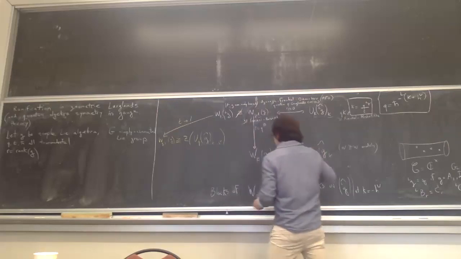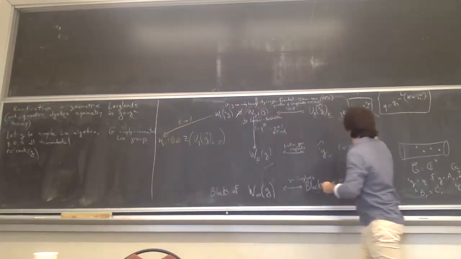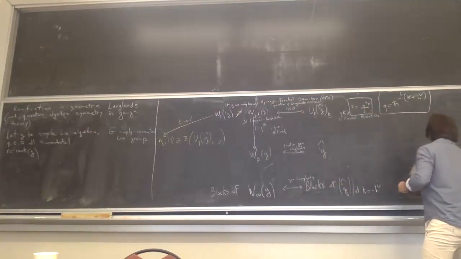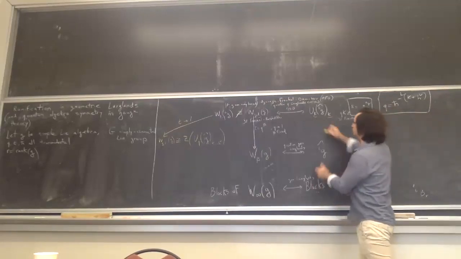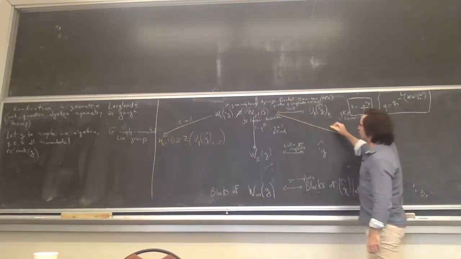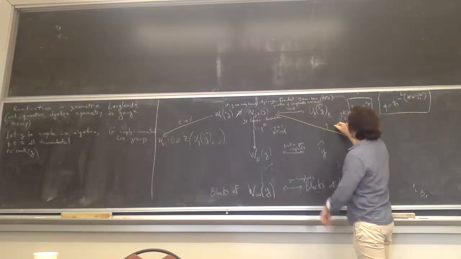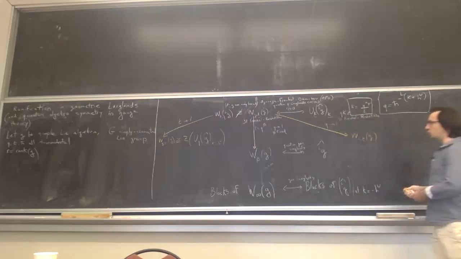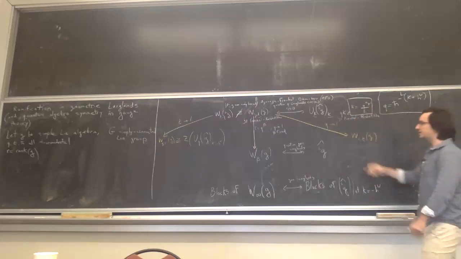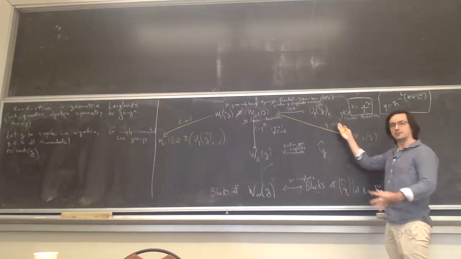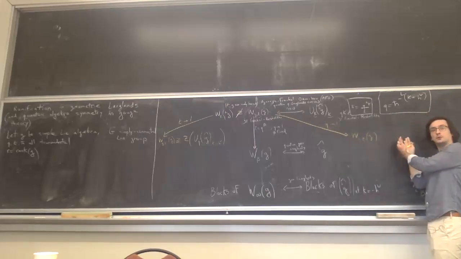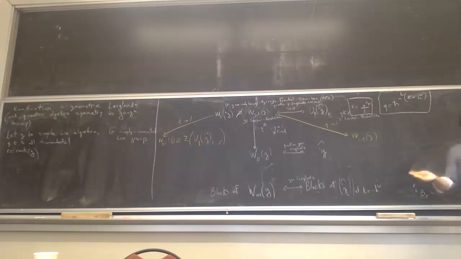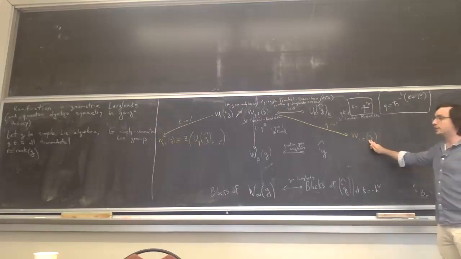If I have enough room, maybe I'll write it over there. Here, where Q goes to 1, that would have been nice, W1T of G. Unfortunately, again, in the non-simply laced case, this limit does not quite make sense in terms of representation theory of a quantum affine algebra. It is completely an open problem what this algebra is.